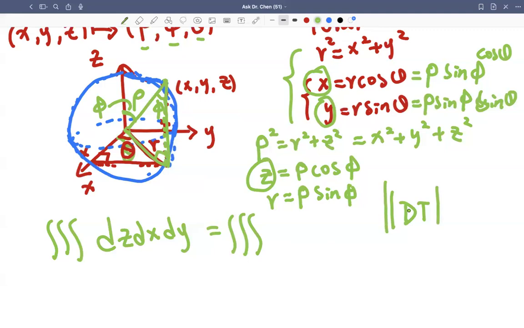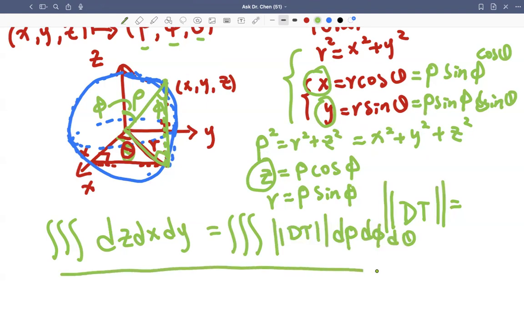The absolute value of the determinant of dt, which is a 3x3 matrix, will be called the Jacobian. Then we change the variables to d rho, d phi, d theta. So we're going to use this, right?